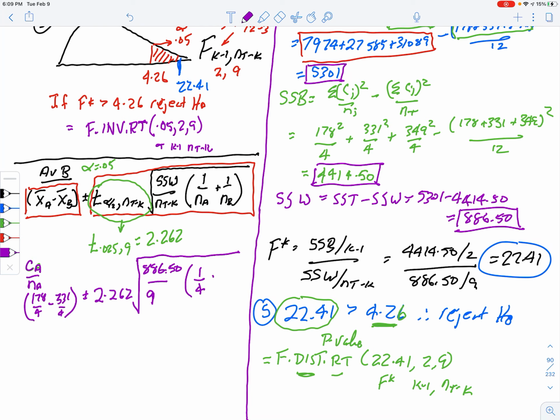And then times 1 over 4 plus 1 over 4, because there's 4 Alberta trees and 4 BC trees. Okay, so let's just take a look at this. 178 over 4 is 44.5 minus 82.75.